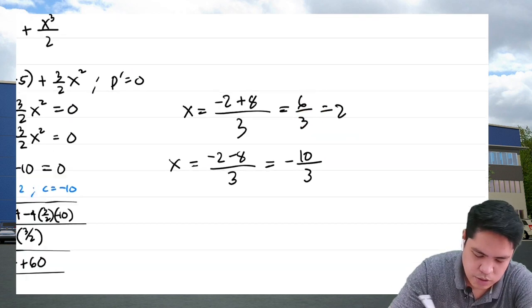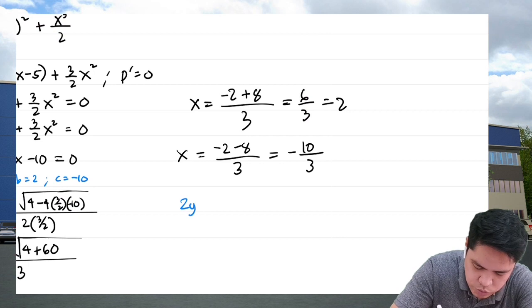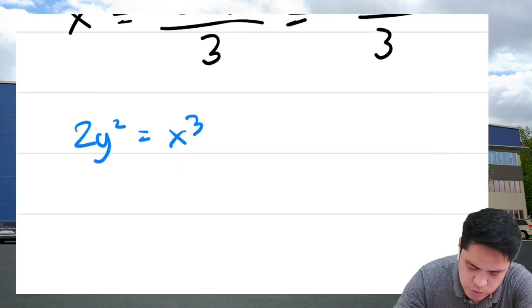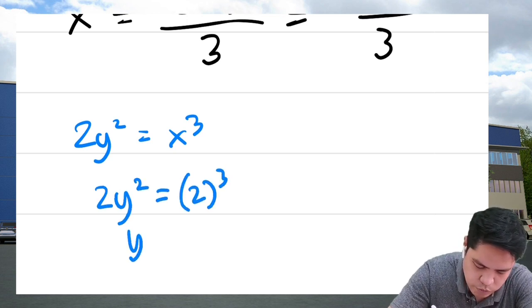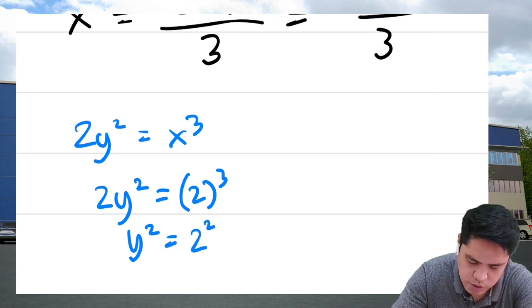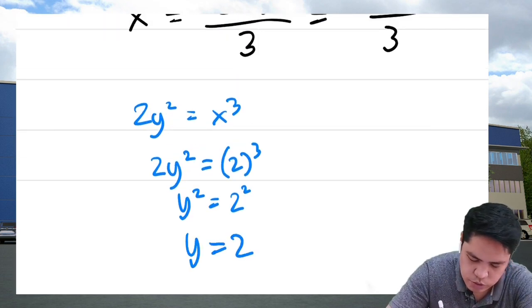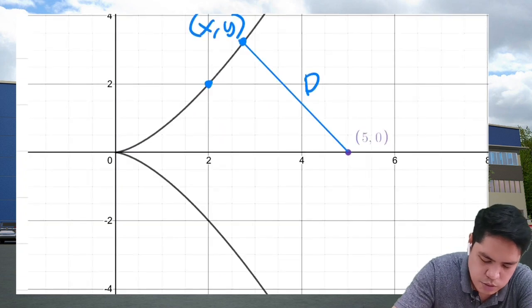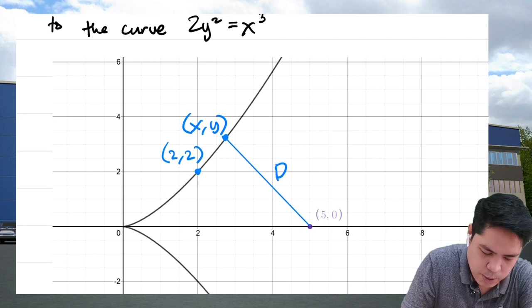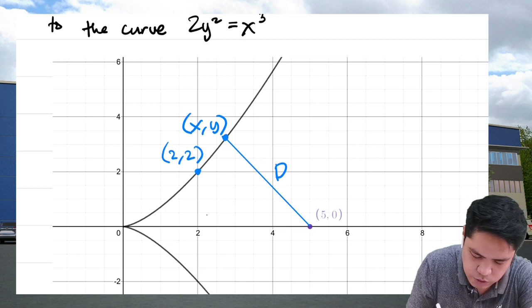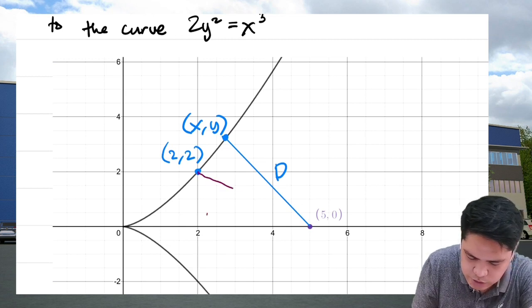Okay? So let's solve for y. We know that 2y squared is equal to x cubed. So if we have 2y squared equal to 2 cubed, then 2y squared equals 8, so y squared is 4 and y is also equal to 2. There, we traced it here. So that is our shortest distance. I'll just correct this using another color, green.